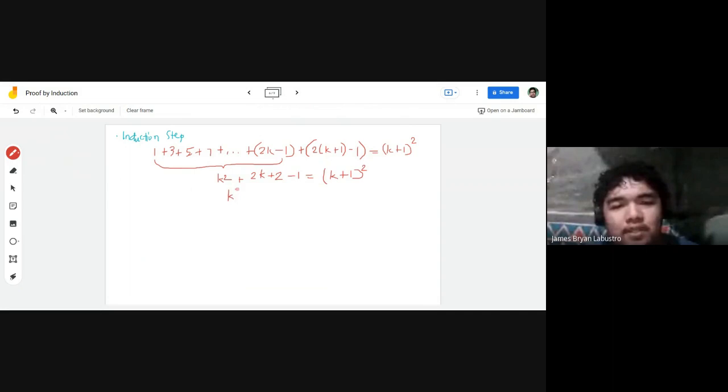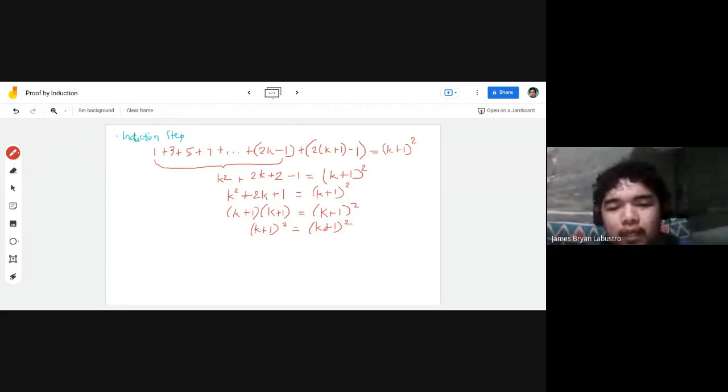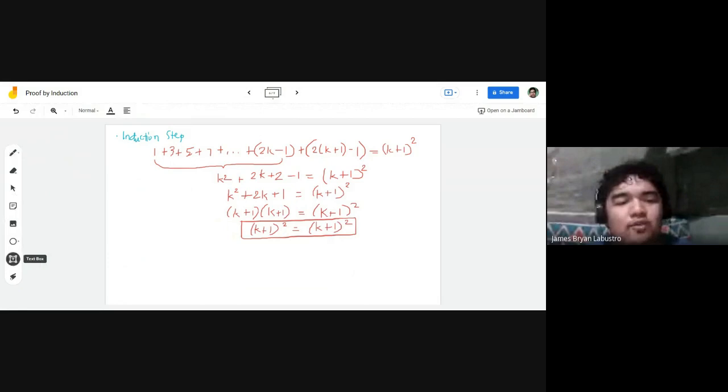Then we have k squared plus 2k plus 1 equal to k plus 1 squared. The factor of k squared plus 2k plus 1 is k plus 1 times k plus 1, which is equal to k plus 1 squared. Then they are the same, so k plus 1 squared is equal to k plus 1 squared. And it proves that, okay, we can now conclude.